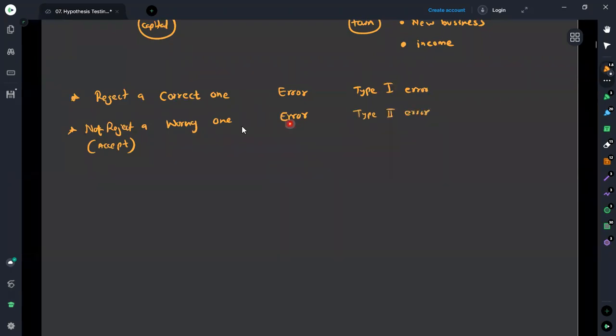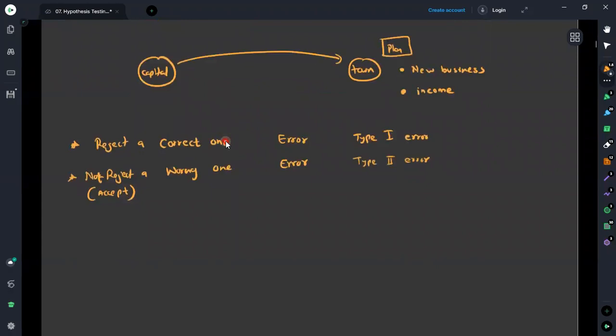Therefore, these are supposed to be the two types of errors we are having, and this is supposed to be alpha and this is supposed to be beta. And this type 1 error is the value alpha that we are using as the significance level of the test.